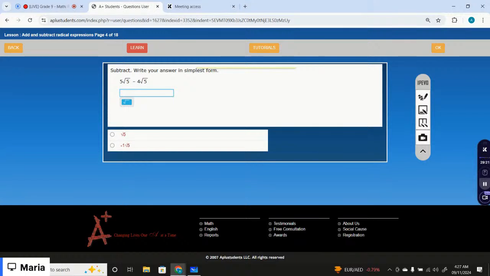So which is the correct option? The correct option is square root 5. Option number 1 is the correct option.